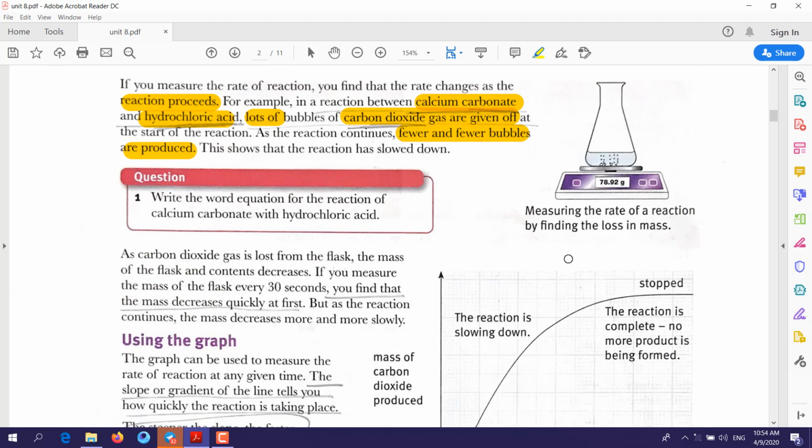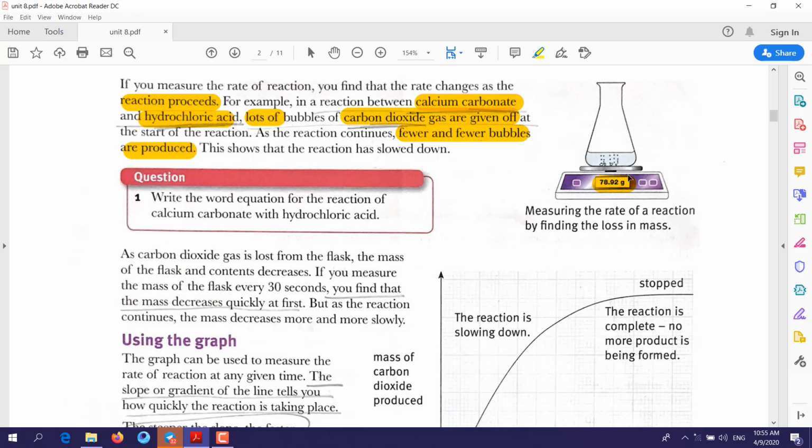Here, if you look at this experiment, which is mixing calcium carbonate with hydrochloric acid. Firstly, when you mix both of them, you put them on a balance. You will see here you have this reading. It gives the mass of both of the substances, the calcium carbonate and hydrochloric acid. But once the chemical reaction starts taking place, bubbles will start forming.